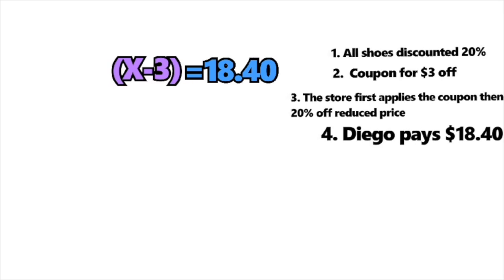If they took 20% off, then what percentage of the shoes did Diego really pay for? One more time. If they took 20% off of the shoes, what percent of the shoe did Diego pay for? Yeah, he ended up paying for 80% of the shoes because 20% was taken off.